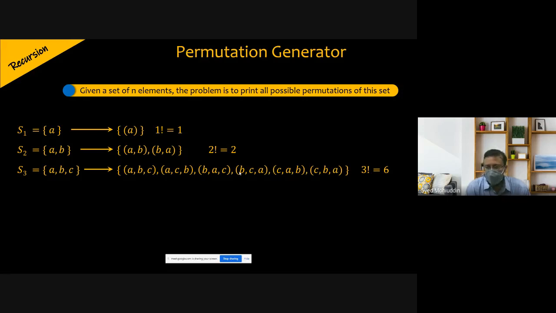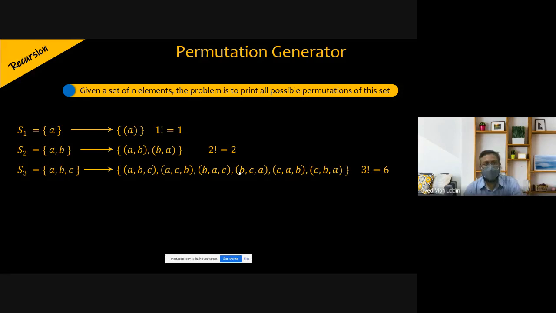So to generate all possible permutations of a set, it's n factorial. If you have n elements, then all possible permutations will be n factorial. So if you have 3 elements, you have 6 possible permutations of those 3 elements.